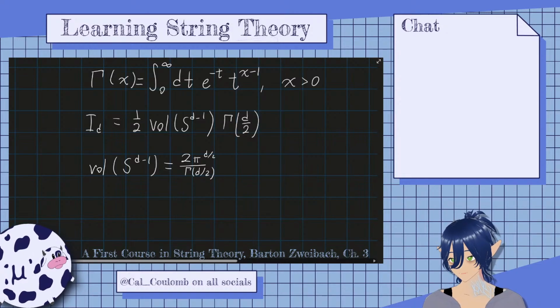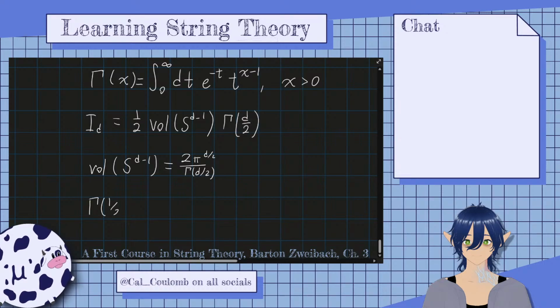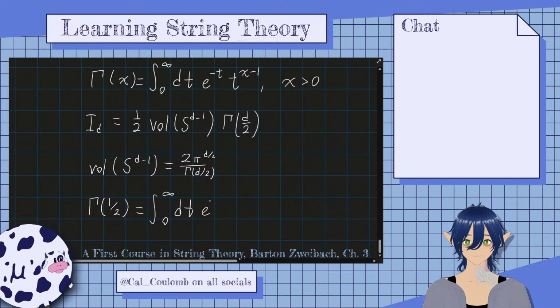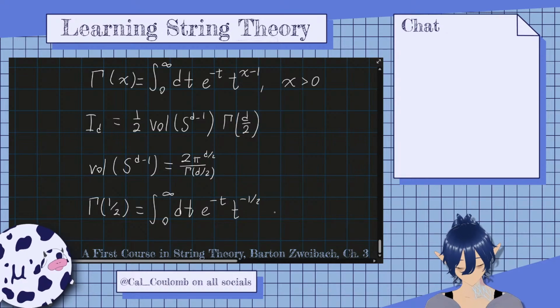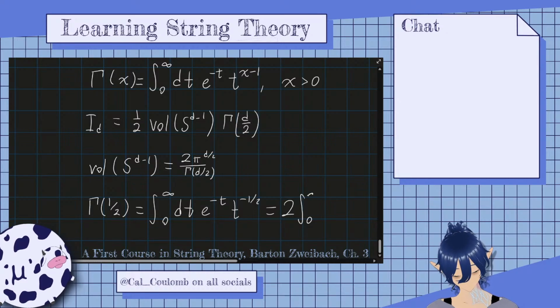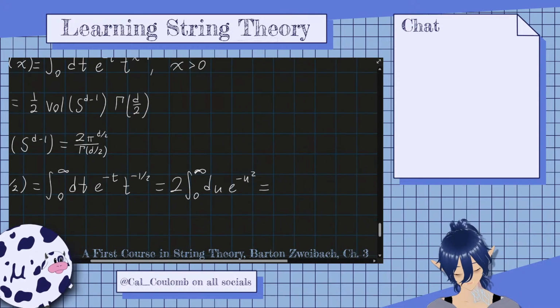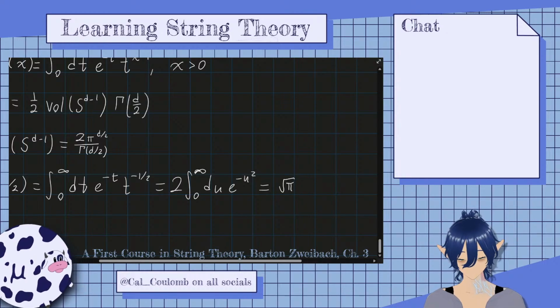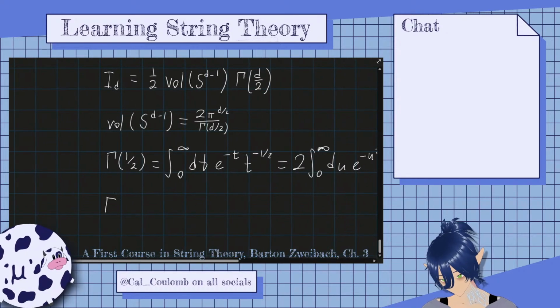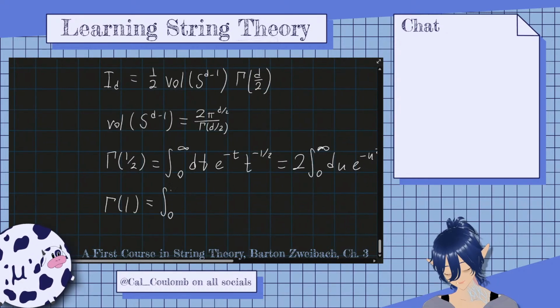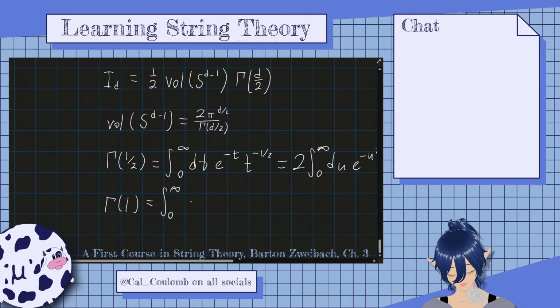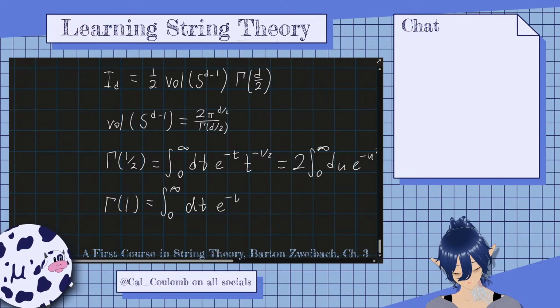To find Γ(1/2), we use the definition: Γ(1/2) is equal to the integral from 0 to infinity dt e^(-t) t^(-1/2), which is 2 times the integral from 0 to infinity du, because we're doing a change of variables here, e^(-u^2), which is a Gaussian integral, so we have just the square root of π. Similarly, Γ(1) is equal to the integral from 0 to infinity of dt e^(-t), which is just 1.